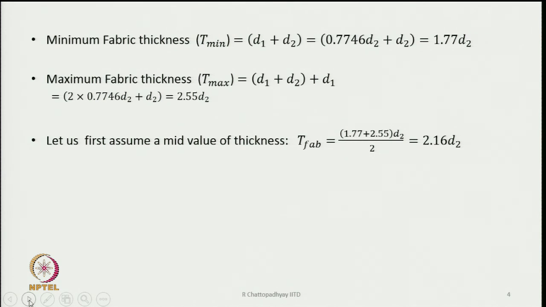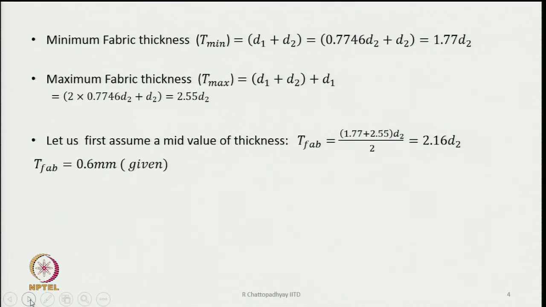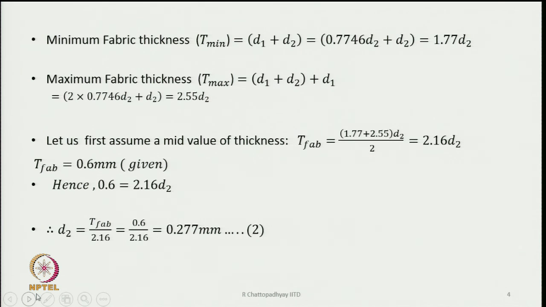But we know the two limits, upper limit and lower limit, and let us assume as an initial estimation that it is in between these two. So, it is half of this, which is 2.16 d2. So, if the fabric thickness is given as 0.6 mm, then 0.6 is going to be 2.16 d2, and therefore, the value of d2 we can work out.